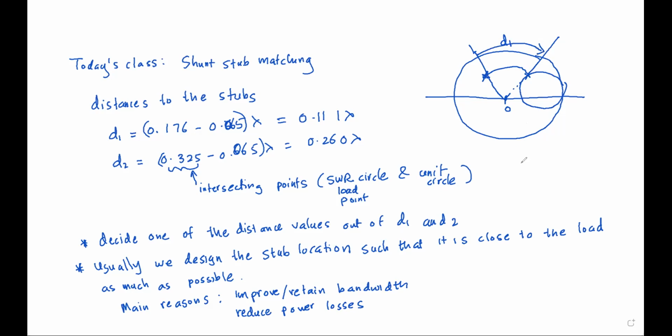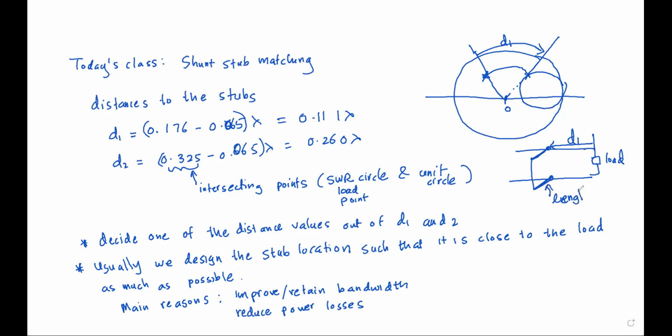The next calculation that we need to do is we need to decide the length of the stub. So we have decided the distance to the stub from the load. This distance we have decided. But now we need to decide the length of the stub.